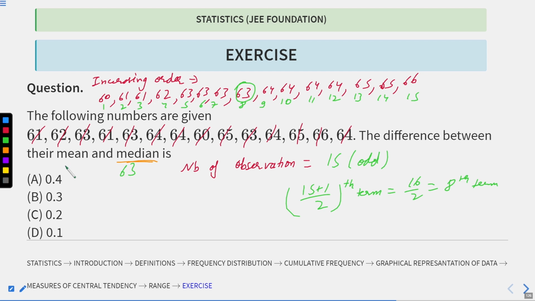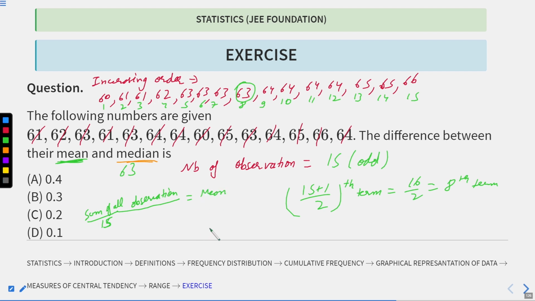Now what about the mean? In order to find out the mean, first of all, add all of these values. By adding all of these values, you will get the sum of all observations, and then divide it by 15, and you will get your mean.